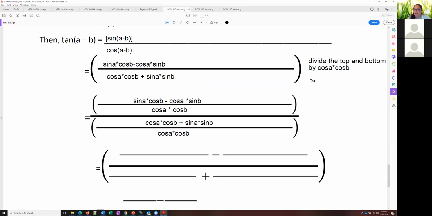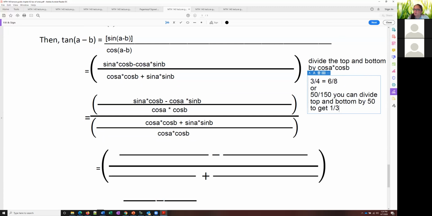Okay, so for example, if you had a different fraction, let's say 3/4, you could multiply the top and bottom by 2. That would give you 6/8. Or if you had a different fraction, I don't know, 50 over 150, you can divide top and bottom by 50 to get 1/3.